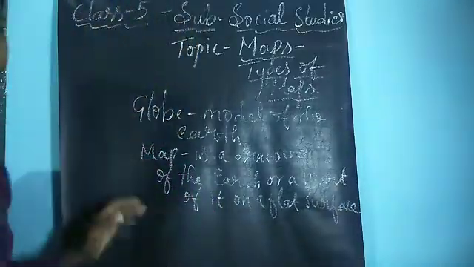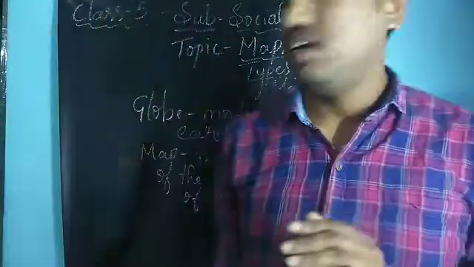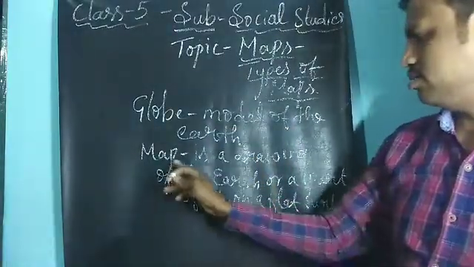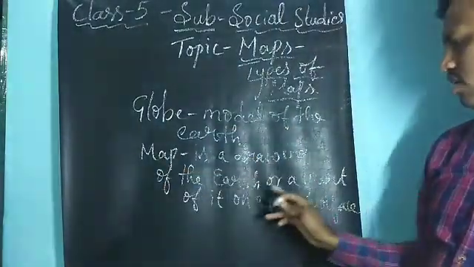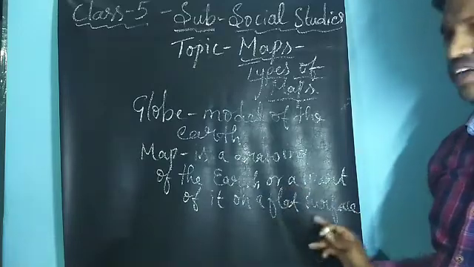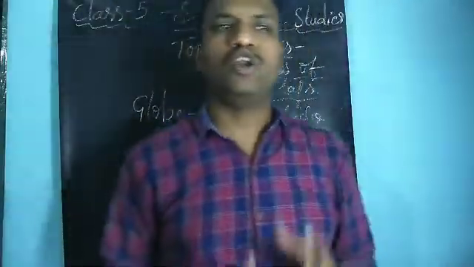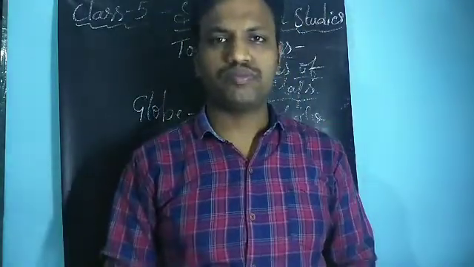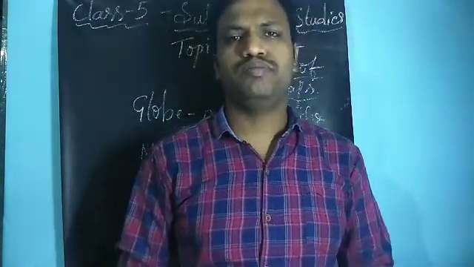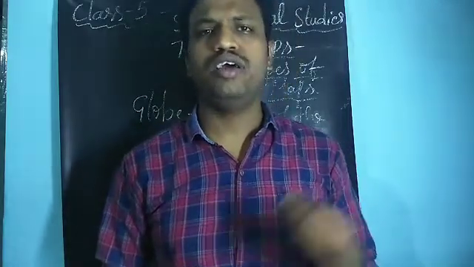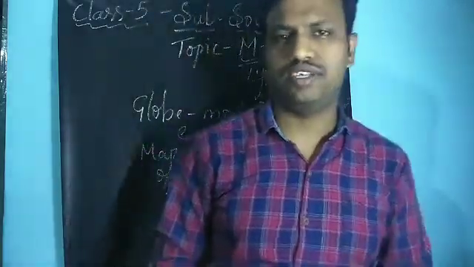Now we can see the difference here. The globe is a model of the earth and the map is a drawing of the earth or a part of it on a flat surface. Now we can identify the difference.